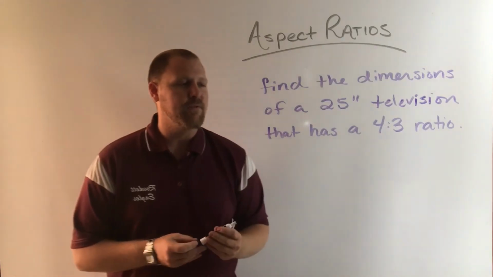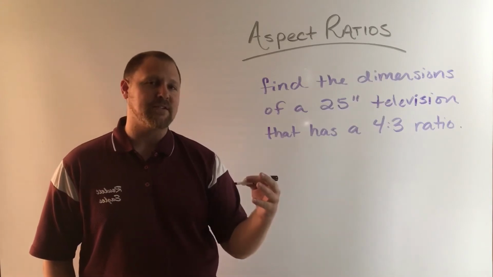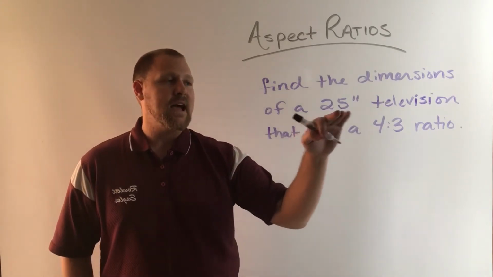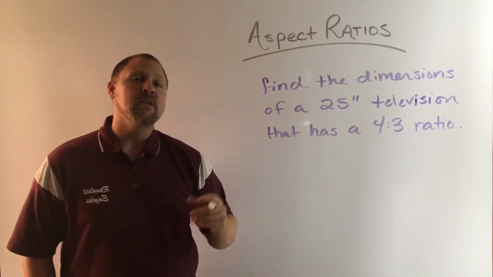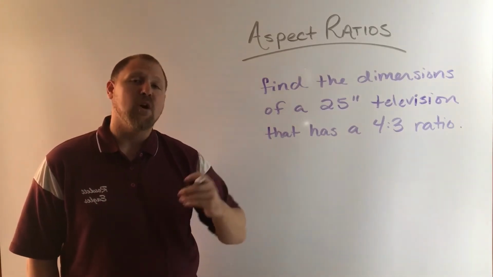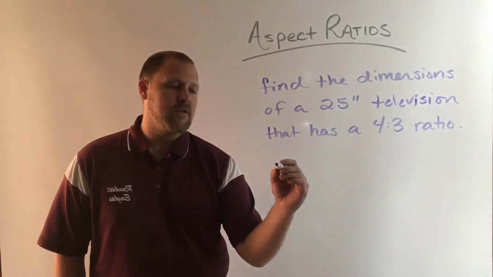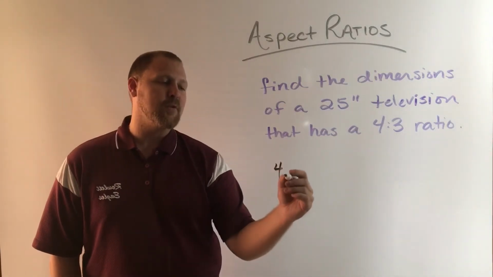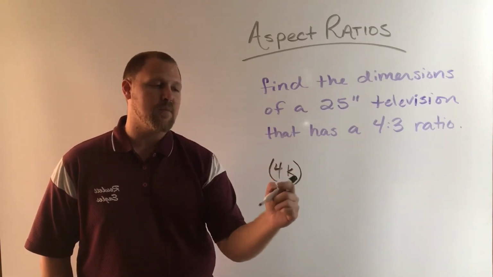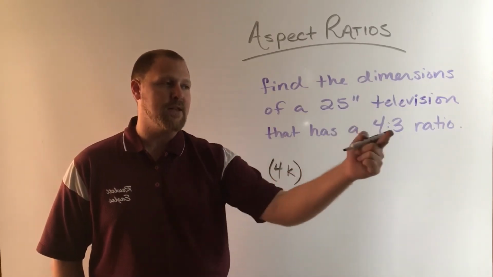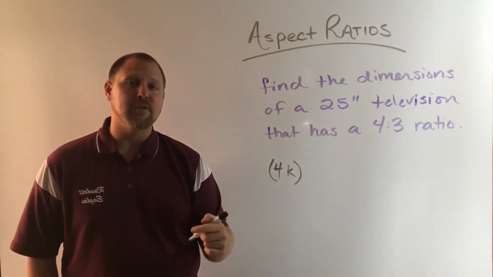So here, the two different ways that we can do this is we know that there is some scale factor between the diagonal of this television and the width and the height, the ratio of a smaller triangle or smaller rectangle. So we have the width of 4 times the constant of proportionality, k, some number that we multiply both by 4 and 3 to get this 25 whenever we do Pythagorean theorem.